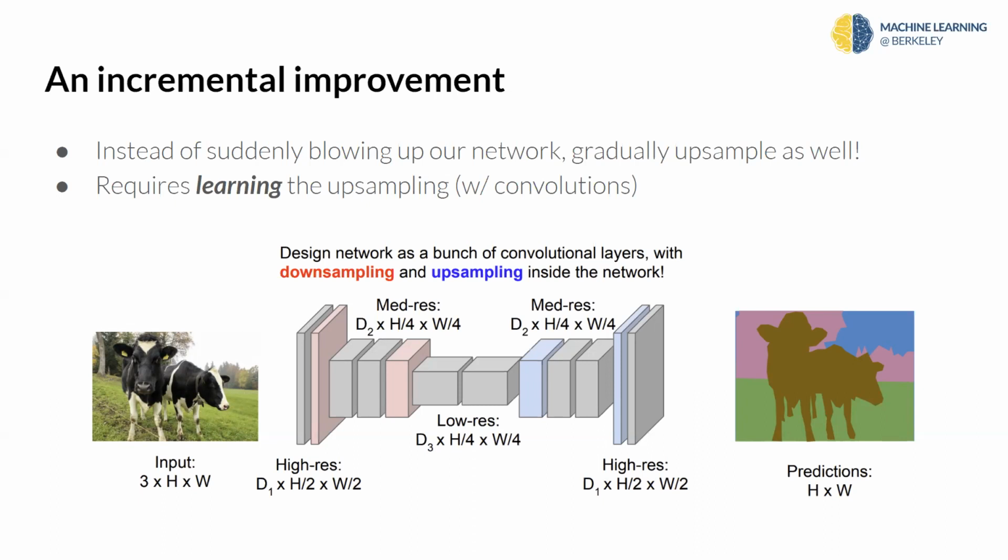The issue is that this upsampling, from the really small abstract representation to the full-sized image, is only able to do that using this very low resolution intermediate representation.